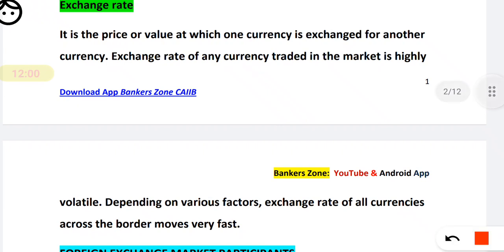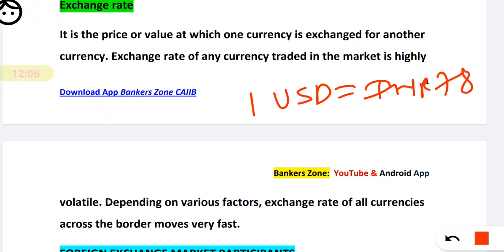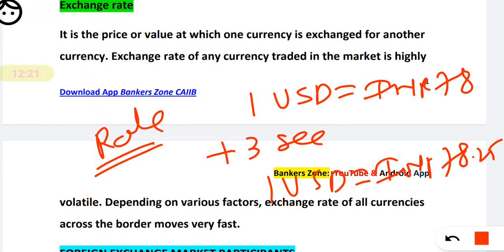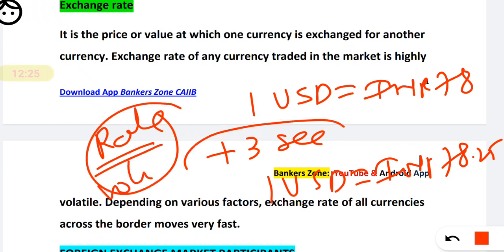See, $1 is equal to, say, INR 78. But after 3 seconds, if you check, $1 will be INR 78.25. That means the rate of foreign exchange is very volatile. It is highly fluctuating almost every 3 seconds.